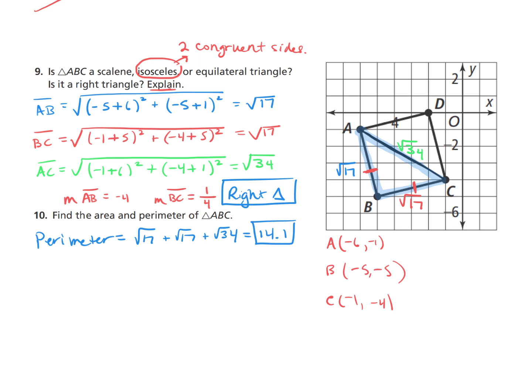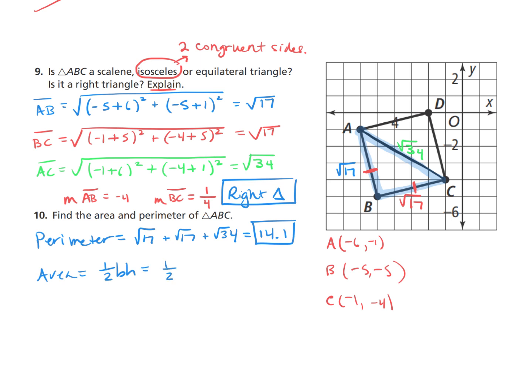Now area has an area formula. Our area formula is 1/2 base times height. Now, since we've already determined that this is a right triangle, our base and our height are going to be the two sides that create that right angle. So BC is the base and AB is the height. So that's what we're going to plug into our area formula.